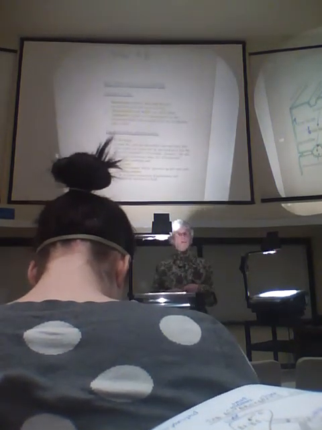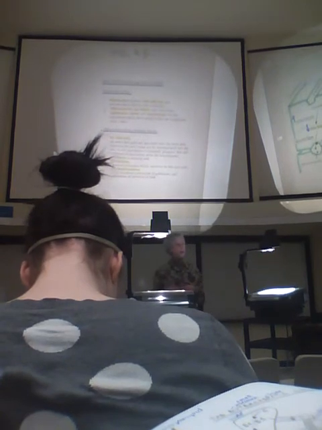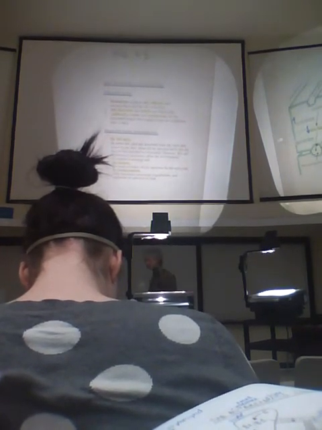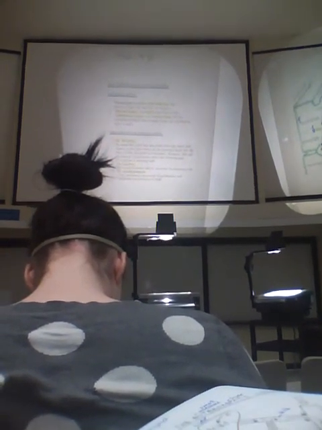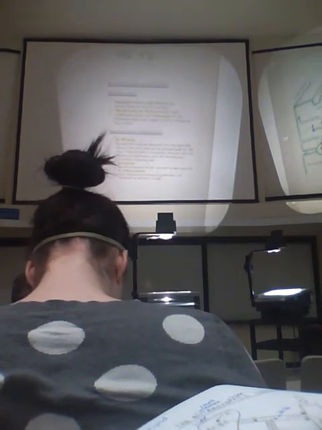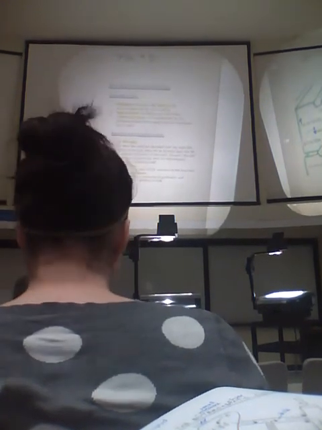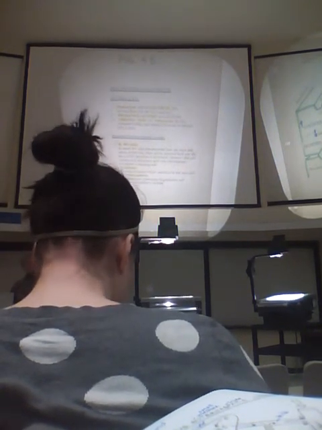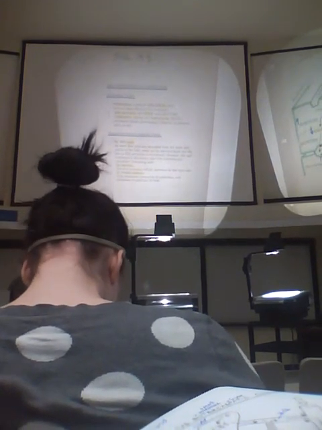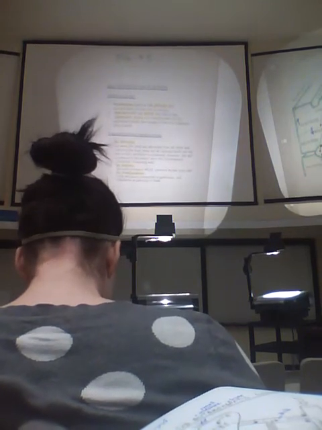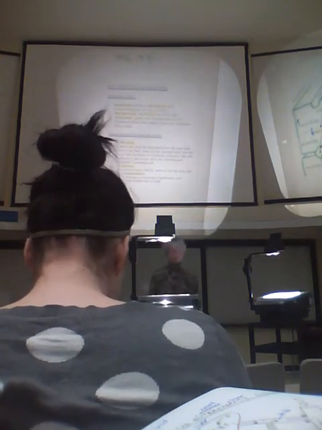Secretin. What does secretin do in the pancreas? Secretin is released when there's acid in the duodenum. Secretin released from the duodenum goes to the pancreatic, which cells in the pancreas does it go to mainly? Duct cells, and they increase their production of bicarbonate.